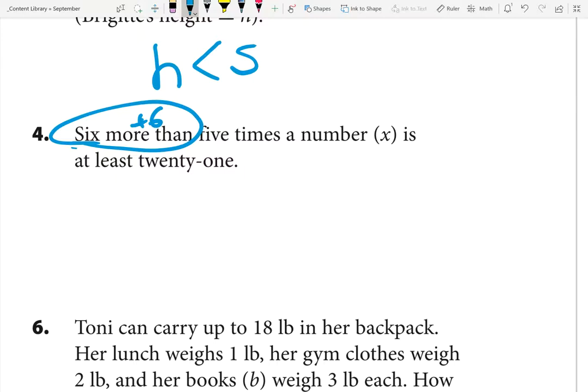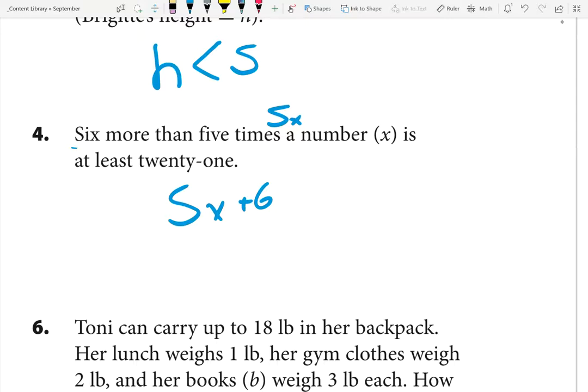So plus 6 to 5 times x. So we'll have 5x, and then we'll add 6, okay? So 6 more than 5 times the number. Whenever you're doing 6 more than, 6 less than, when you're adding or subtracting, you always want to put that at the end here. Because, for example, if you wrote 6 plus 5x, although it's technically the same thing as this, you'll run into issues when you have the less than.